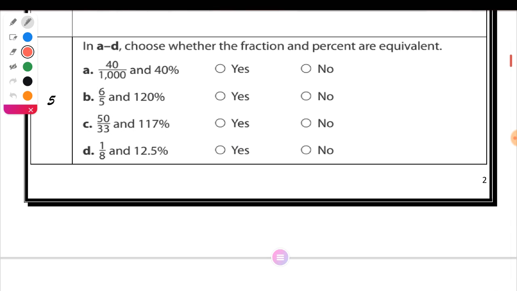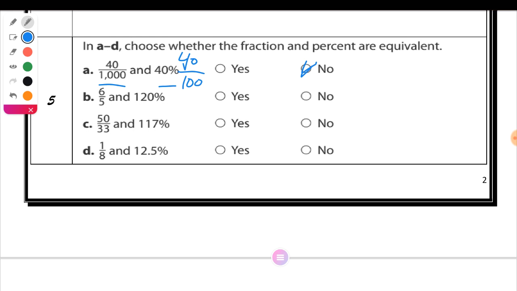How to calculate an example like this one. Choose whether the fraction and percent are equivalent. Okay, are these equivalent? 40% means 40 over 100, but this one is 40 over 1000, so they are not equivalent.